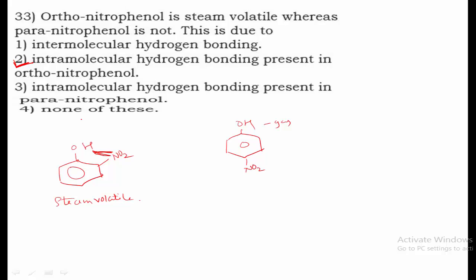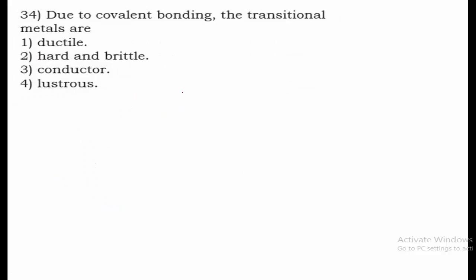Intramolecular hydrogen bonding is present in orthonitrophenol because hydrogen and nitro group oxygen both are electronegative. So here the hydrogen bonding is formed between hydrogen and oxygen, but in para the nitro group is at a different position and the hydroxyl group is present at a different position. So the bonding is not possible. Hence option 2 is the right one.